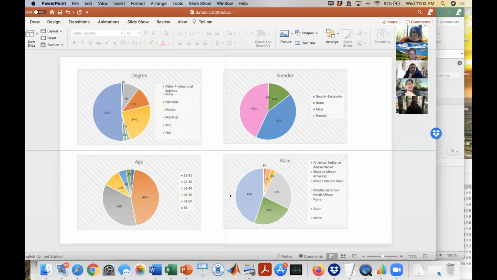This is some other statistics. I'm not going through all the details. We are 50-50 male and female. There are a lot of PhDs, but also a lot of bachelors and masters combined. The young age groups are the most represented, so that's very exciting. It's a growing field, and that's really good. We're mostly white or Asian, but hopefully we will broaden our ethnicity more.